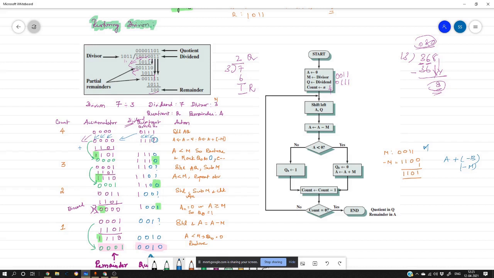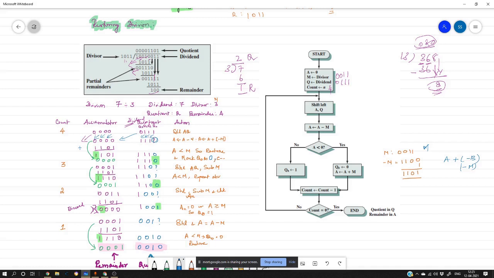What does this result mean? This result means that the answer is negative, which means the bits considered now in the dividend are lesser than the divisor. We have subtracted the divisor from the actual dividend.